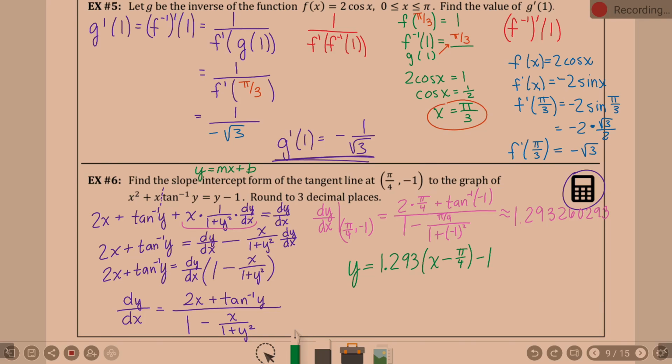If they didn't ask for slope-intercept form, I would just stop there. And in all honesty, on the AP, normally they don't ask for a specific form. So 1.293x, I would do this part on the calculator. You're going to distribute the 1.293, multiply it times the negative pi over 4, and then you're going to subtract 1.